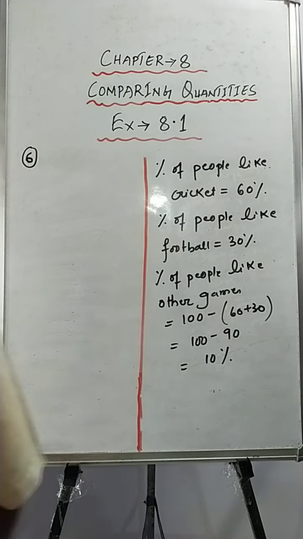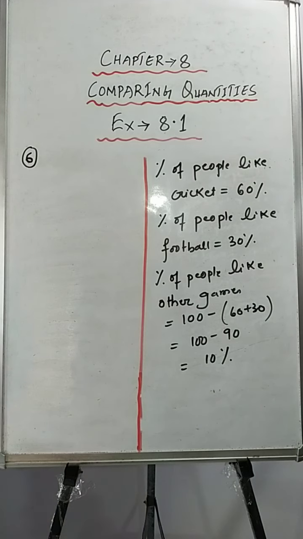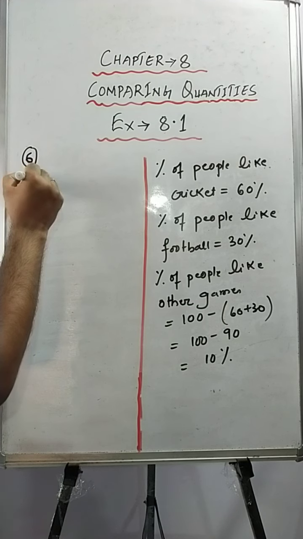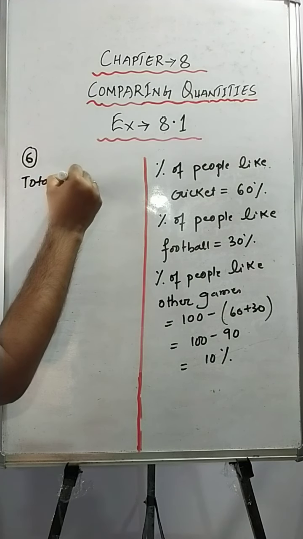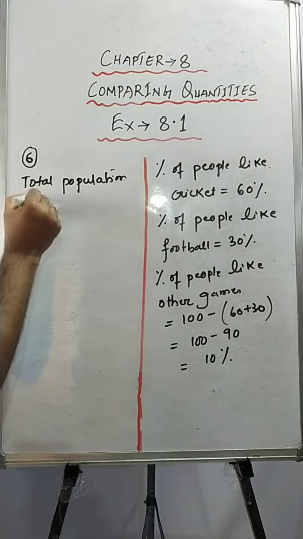Now let's go to the second part of the question. It is said, if the total number of people is 50 lakh, now the total population is given. Now the total population is what? 50 lakh.